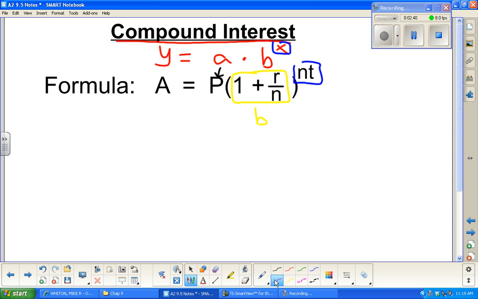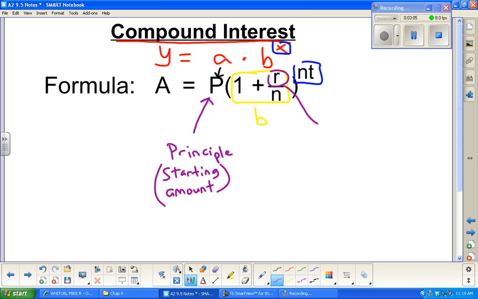Okay, so in this problem, that P is the initial value. When you're talking about money in a bank account, that stands for principal. It's your starting amount. These problems will usually say, you invest $1,000 and so on. So that 1,000 would be your starting amount. In the equation, you also see in the B part in parentheses there's r.